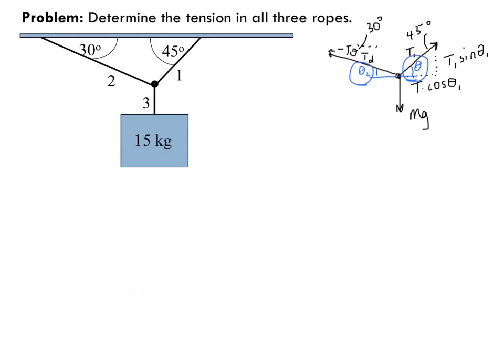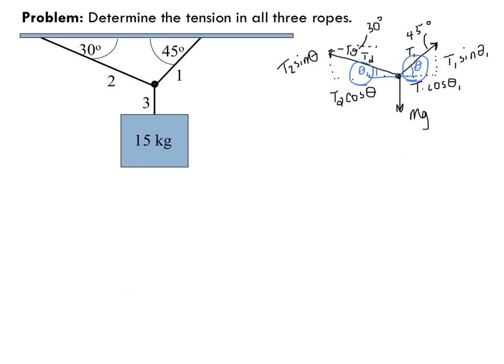And I'm going to label these as theta 1s. On this side, we have tension 2 cosine of theta. Now, because this is pointing to the left, I want to make sure that I write in my sum of forces as a negative. And we'll see that in a little bit. And this piece becomes T2 sine of theta.